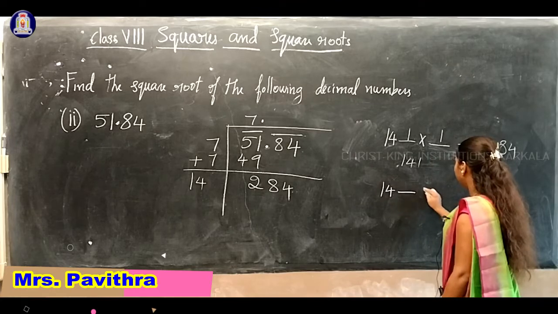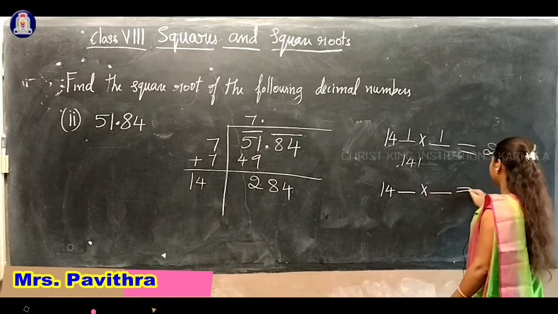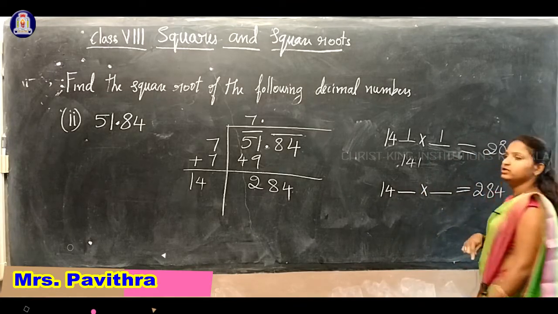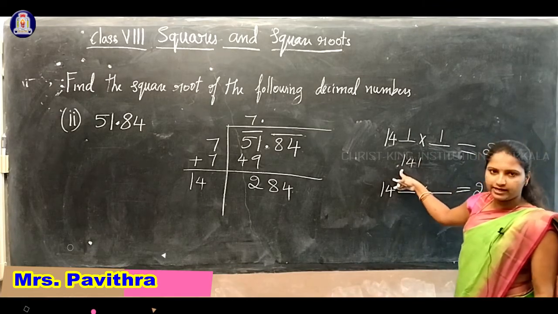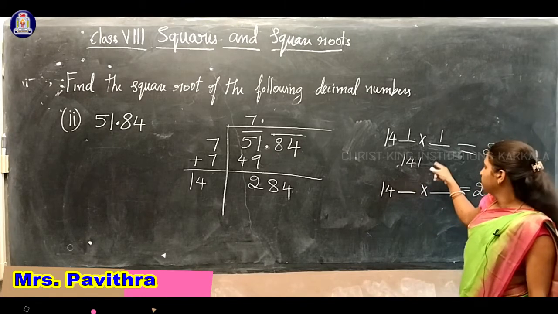So 14 into dash is equal to 284. If I consider 1, we will get 141.